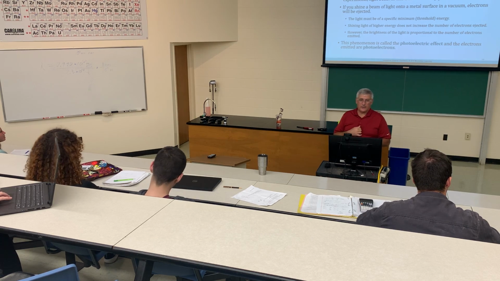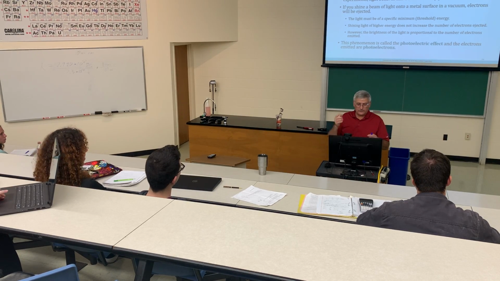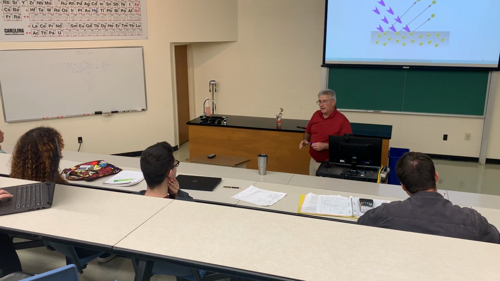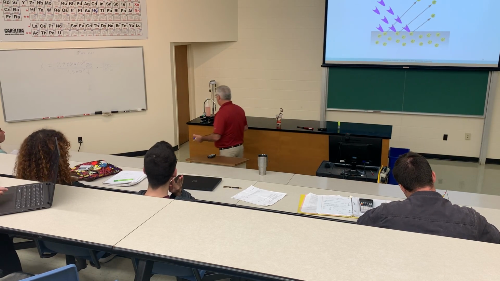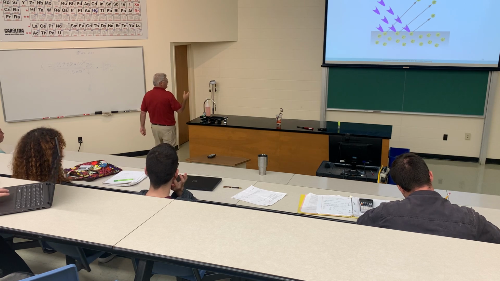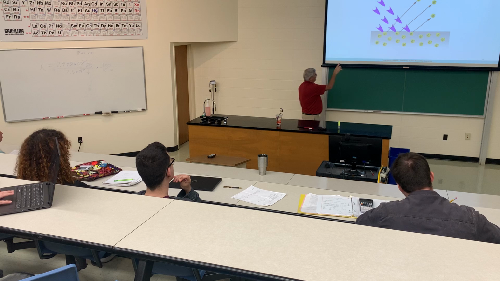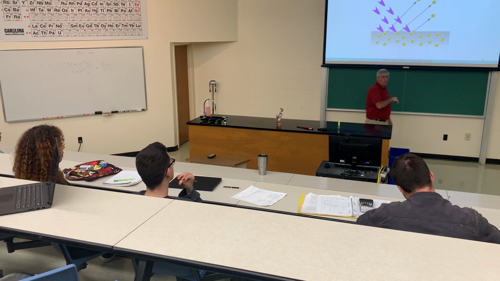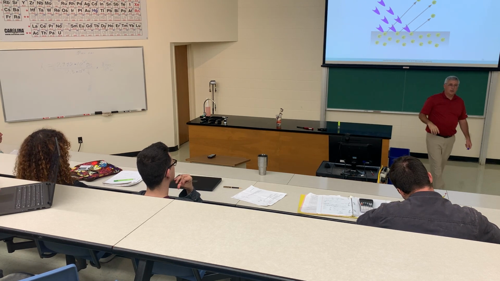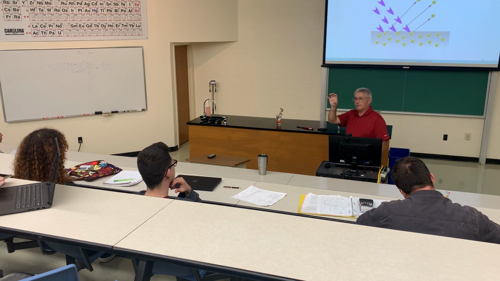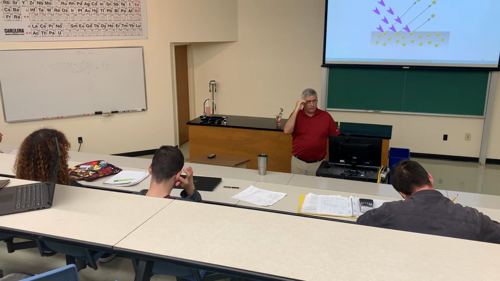All right, photoelectric effect. The photoelectric effect is easier to see in a picture. So this is kind of what we're talking about right now. When I have photons come in, they can bump electrons loose. And if I put a one-way valve there for electrons, we haven't talked about these types of materials yet, but ultimately we will.